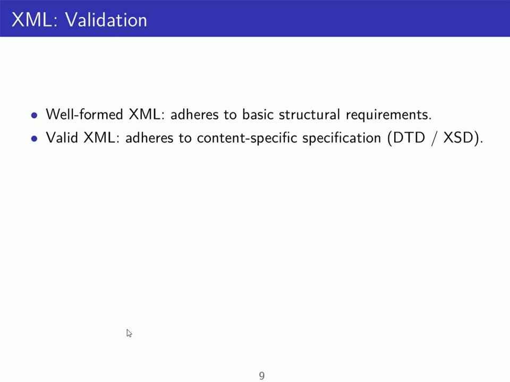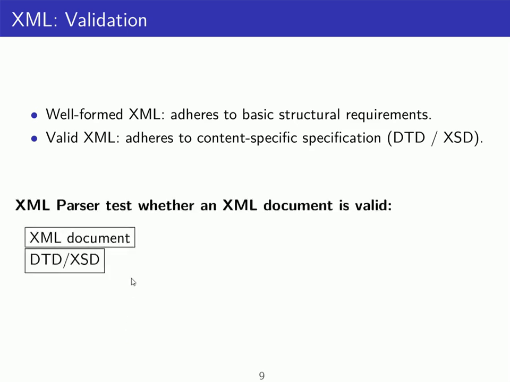The method we validate an XML document is similar to the way we check whether the document is well formed. As an input, we put the XML document along with its DTD or XSD and feed them into the XML parser. We can also use XML lint here.